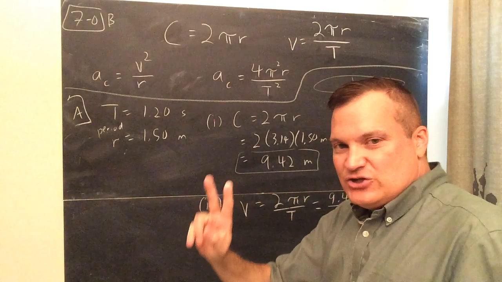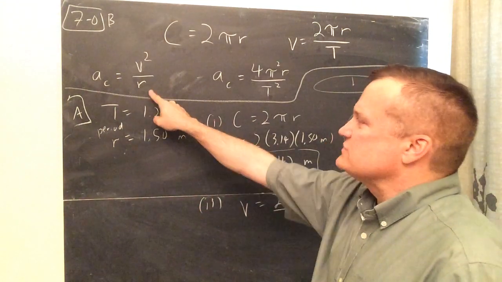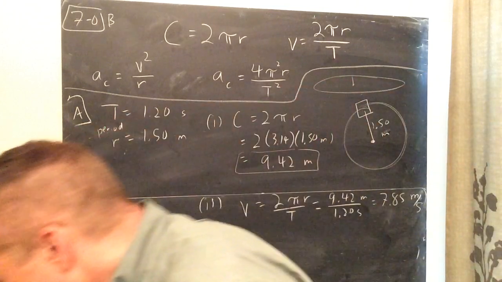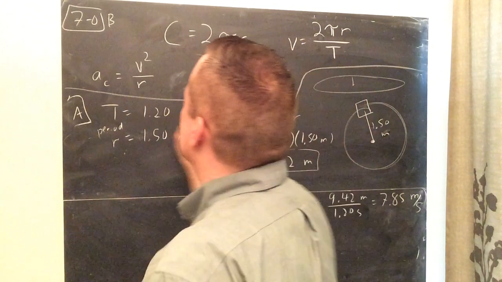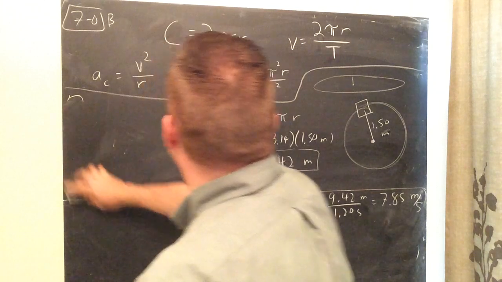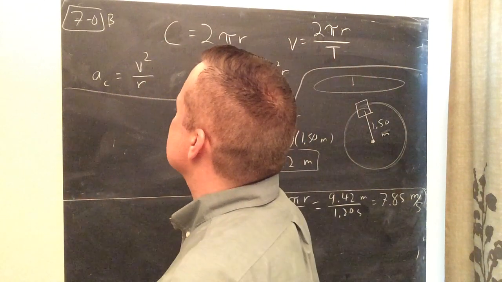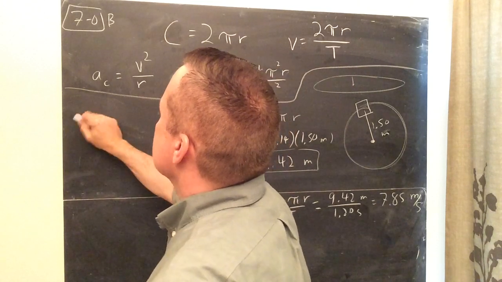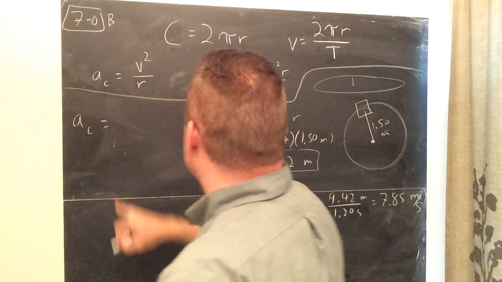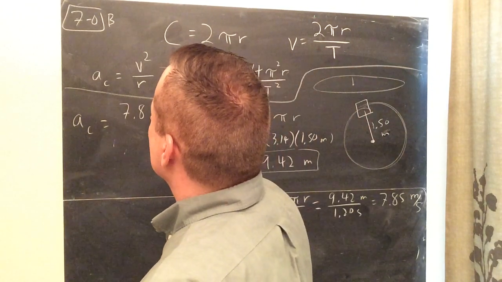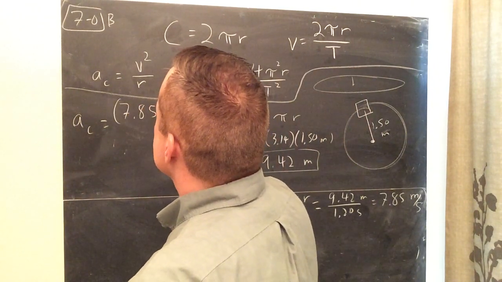They do it in 2 methods. I'll just use this method. You can also use that one. There will be times later on down the line where it helps you to use that equation. But in this particular problem, you can just use v squared over r. So the centripetal acceleration is v squared, 7.85, which we just got. Don't forget it's squared.